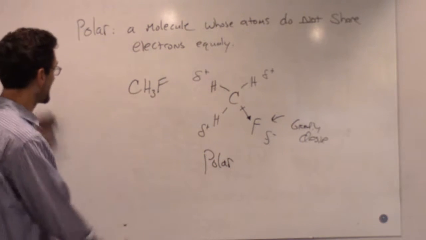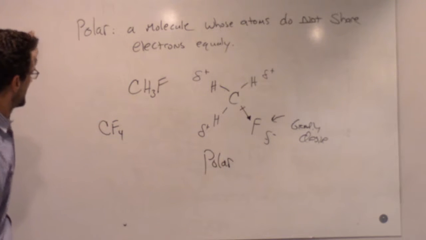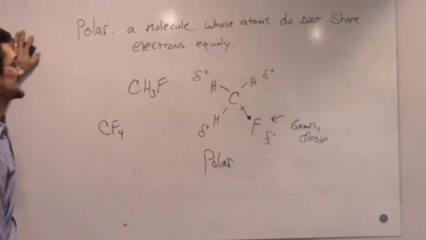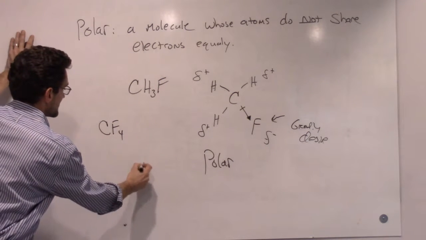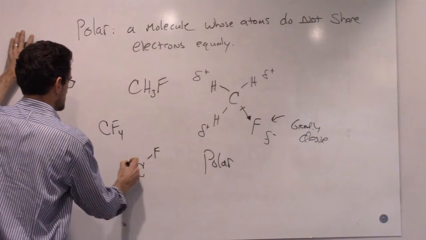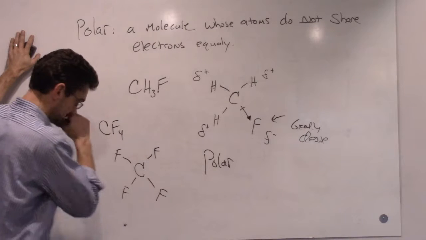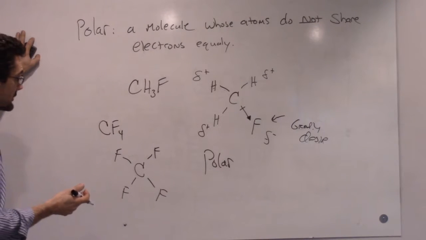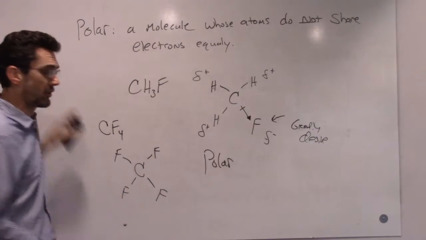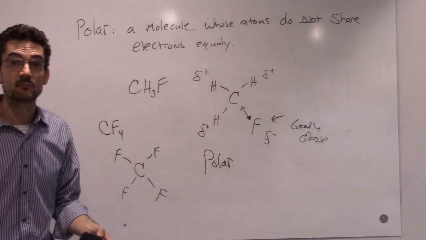Now, incidentally, I can have CF4, carbon tetrafluoride, which would look like this: fluorine, fluorine, fluorine, fluorine. Now, this is actually nonpolar because each of these fluorines pulls at the electrons on the carbon the exact same way.